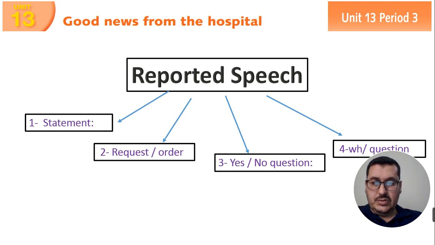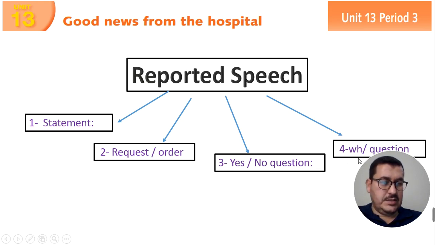Reported speech consists of 4 types or 4 ways. The first one, statement. We need to change a statement to report speech. Number 2, we have request or order. We need to change the request to report speech. Number 3, we have yes no question, and we need to change it to report speech.